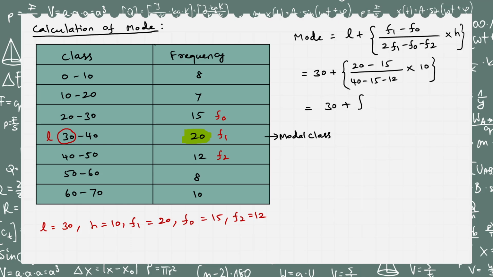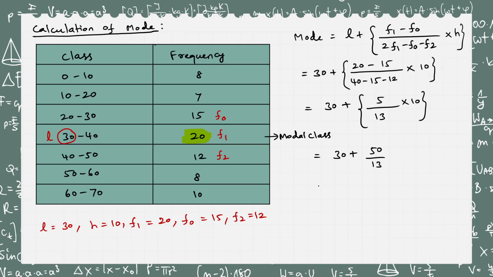30 plus 20 minus 15 is 5. 40 minus 15 minus 12 will be 40 minus 27, right? And that will be 13, correct? Into 10 is there. And that can be written like 30 plus 50 by 13.